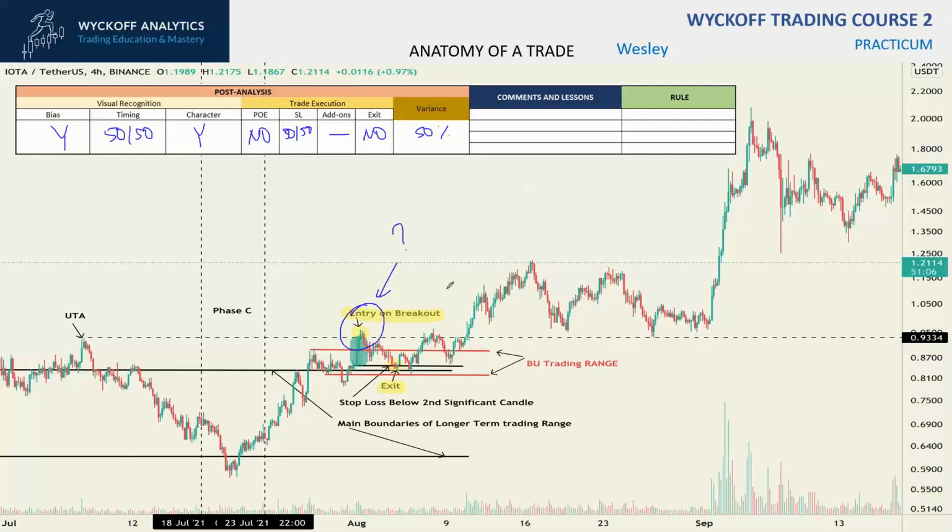I also would be asking, why am I entering right here? Not just from the point of the structure, but also from a psychological point of view, as to what pulls me in at that point. Is this fear of missing out if the price is going to break out? But why am I not entering, let's say, somewhere here or here or here?